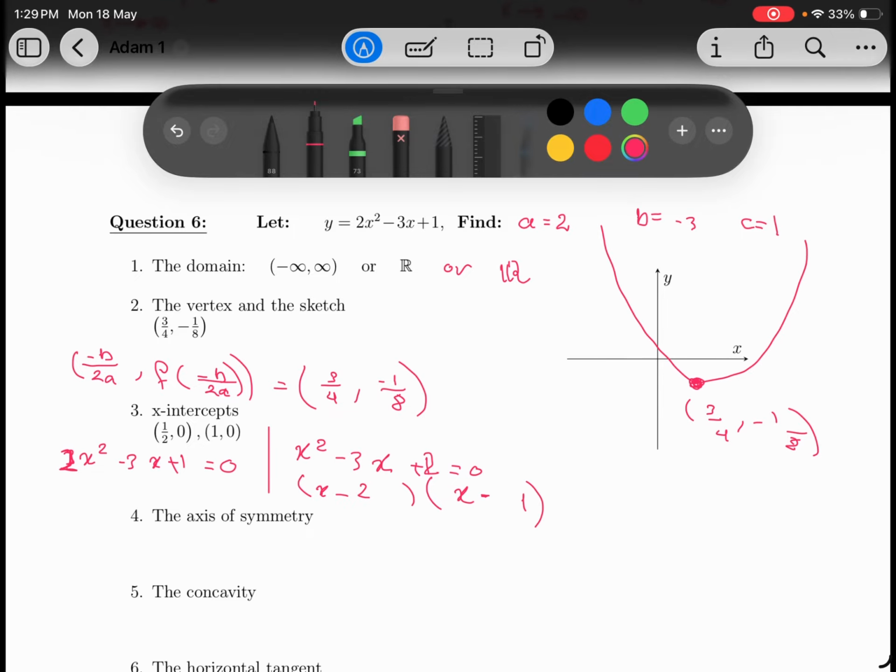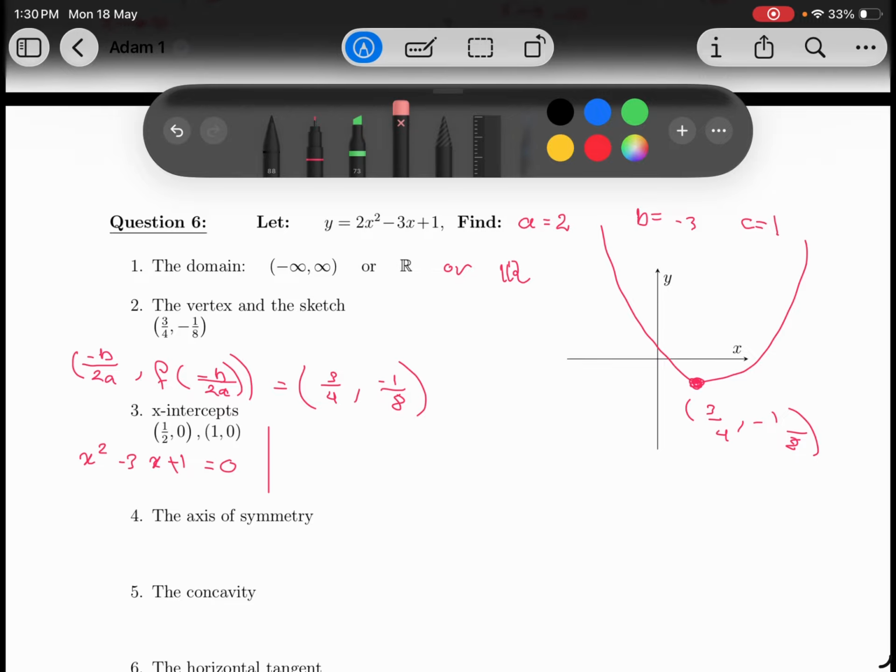Then you divide by the leading coefficient 3, equals 0, and you have the zeros. Here, guys, I think I made a mistake. I will correct this. Then how to normalize?